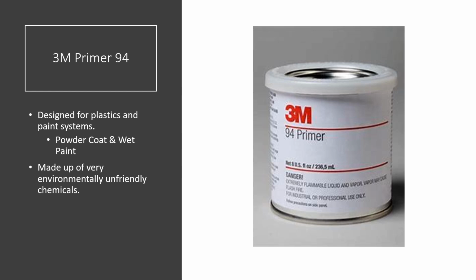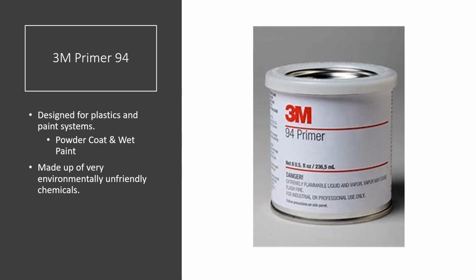3M Primer 94 was actually developed for plastics. Because plastics are harder to stick to, this primer helps create a higher surface energy for tapes to stick to. With painting technology progressing in some powder coats, it was found that 3M Primer 94 actually had to be used in lieu of AP111 in some instances.